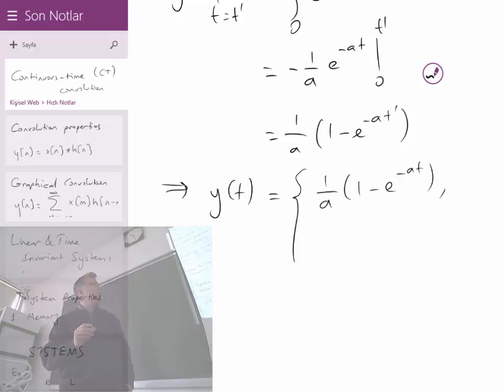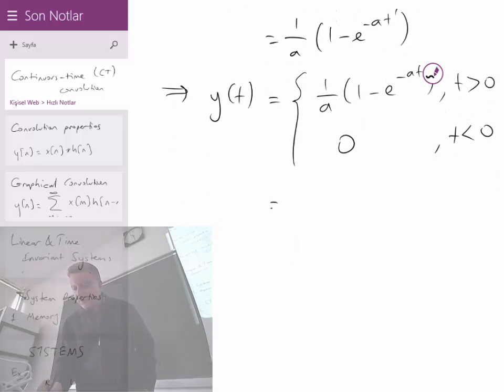This is valid as long as t is greater than 0. And it's equal to 0 when t is less than 0, because there is no overlap. You shouldn't perform the integral.